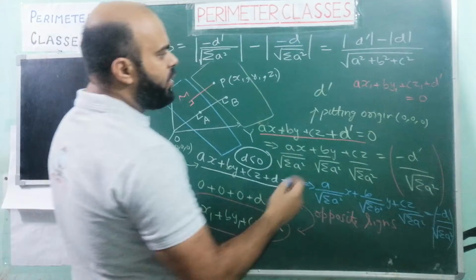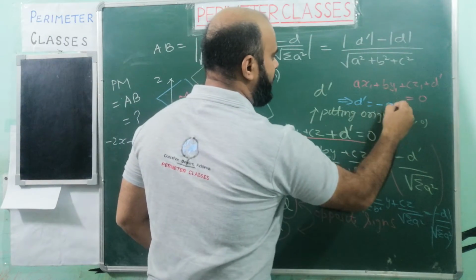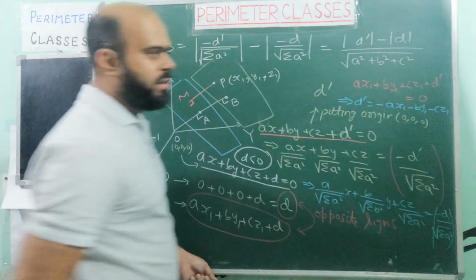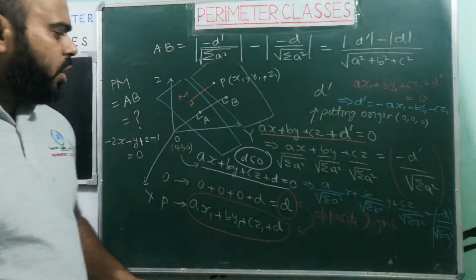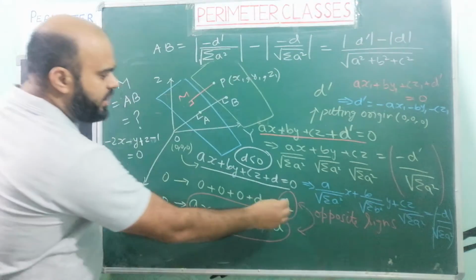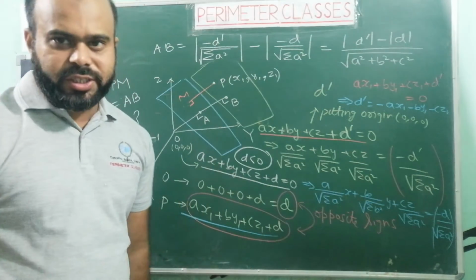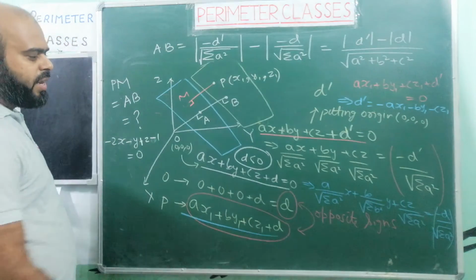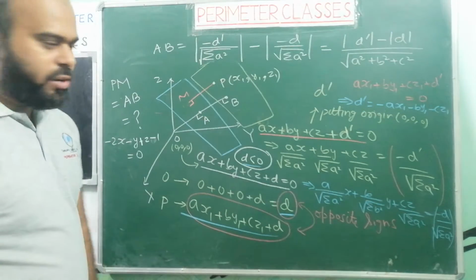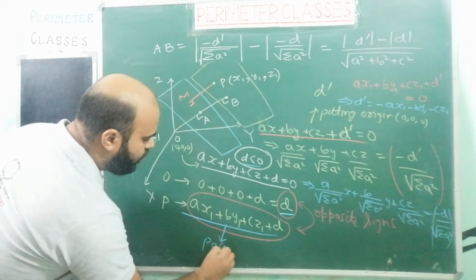So we will write d dash as minus ax1 minus by1 minus cz1, right? Now as we saw earlier, d and this particular value are of opposite sign. Since I am taking d as negative, this particular value is a positive value.